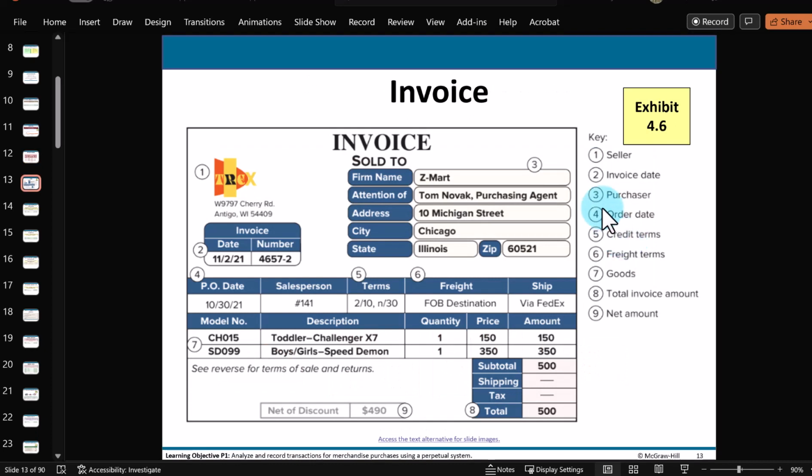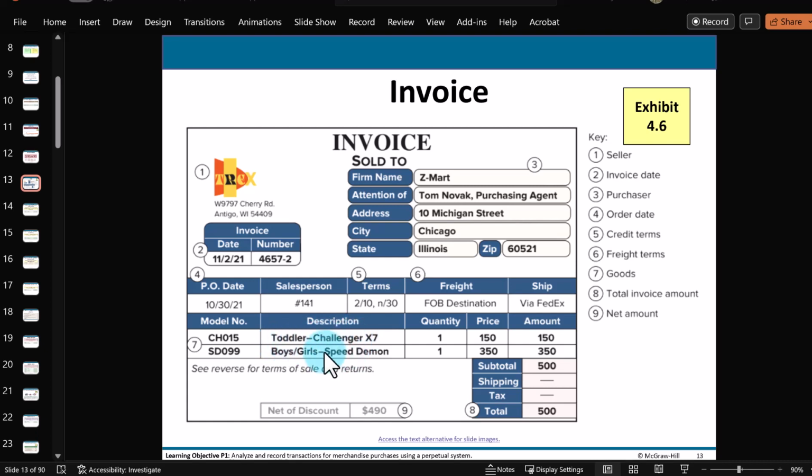Here's an example of a bill or an invoice. This invoice is generated by the seller. The company is Trex, and the customer, that's us, is Zmart. Here's our employee, the purchasing agent for Zmart, Tom. And back on October 30th, Tom placed a purchase order with Trex, ordering these two different items here.